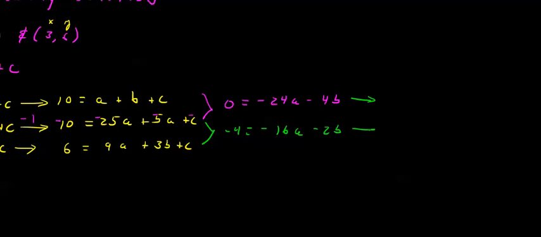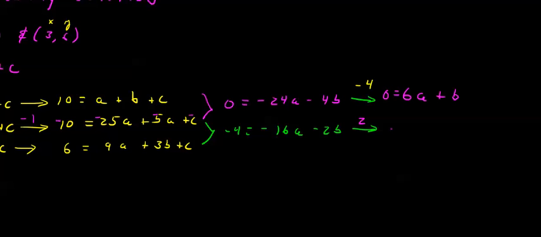Believe it or not, we're almost done. I'm going to divide the top equation by negative 4, because this is all divisible by 4, and the bottom one by positive 2. That's going to give me, on the top, 6a plus b equals 0.